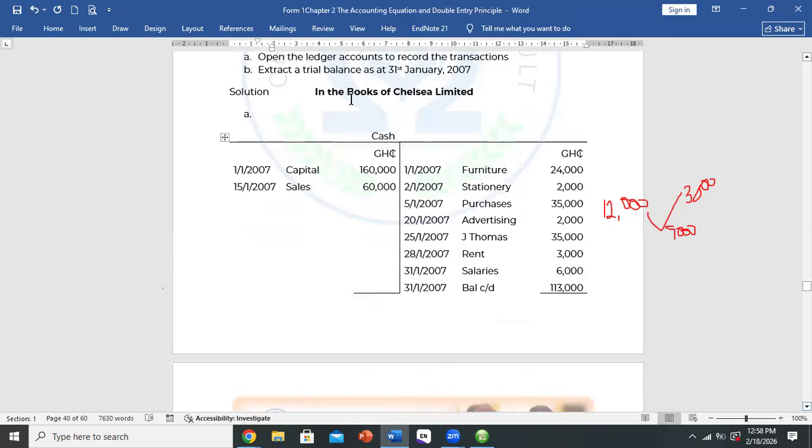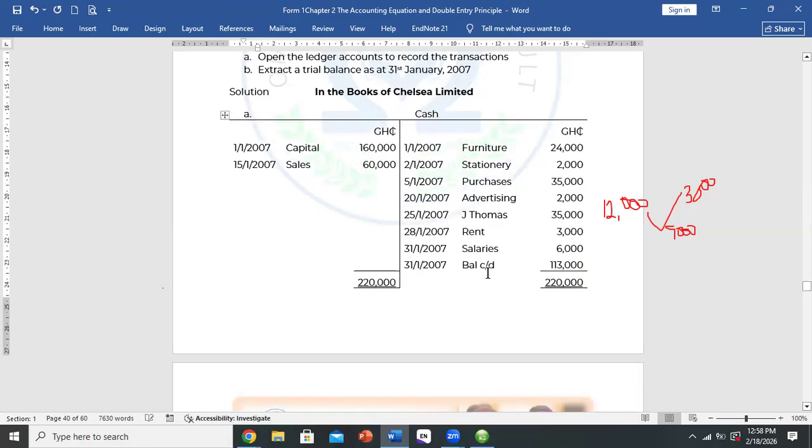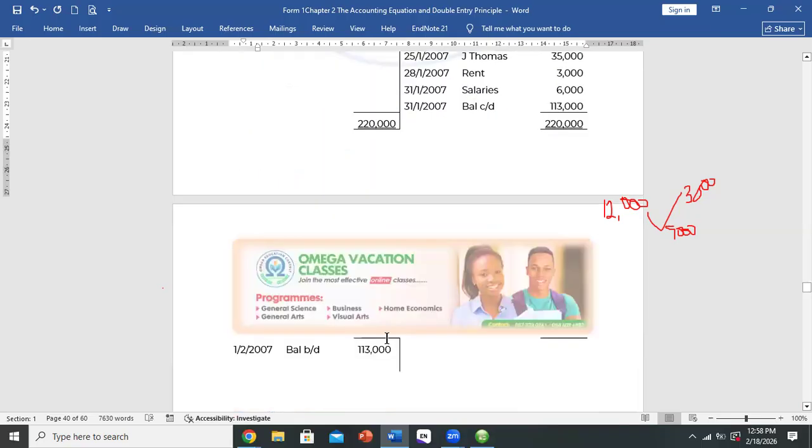So look at this question I solved for Chelsea Limited. So you see, I have this cash account. I've done my balancing and have my carried down and my brought down. If my brought down is on the debit, it means that this cash account has a debit balance.